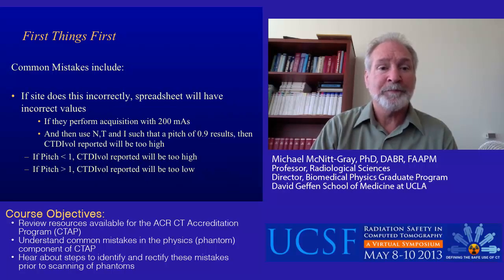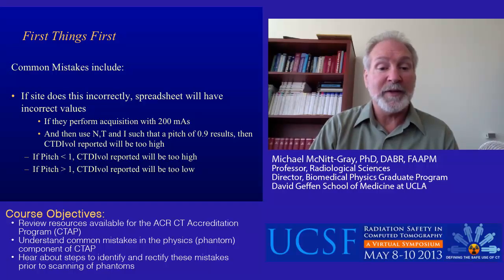Next. If the site does this incorrectly, this confusion between mAs and effective mAs, the spreadsheet will have incorrect values. For example, if they perform the acquisition with 200 mAs and then use the values in the spreadsheet for the dose calculation of N, T, and I, such that a pitch of 0.9 results, then the CTDI reported will be too high.